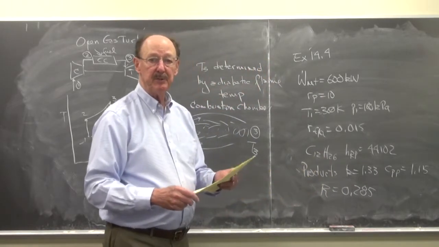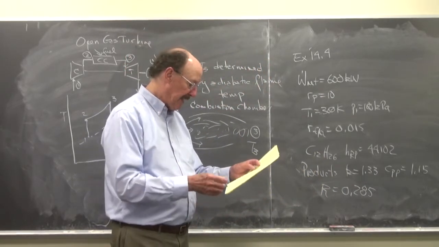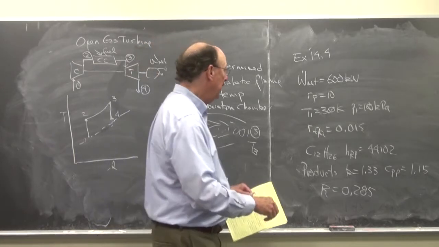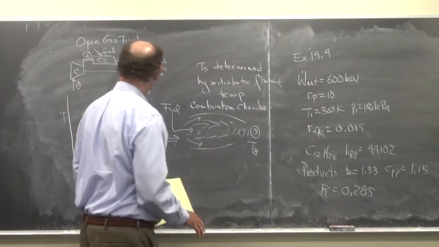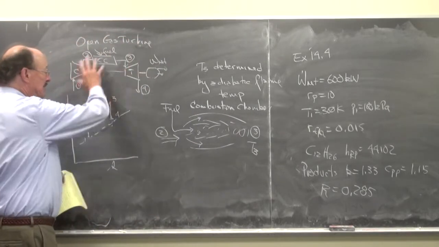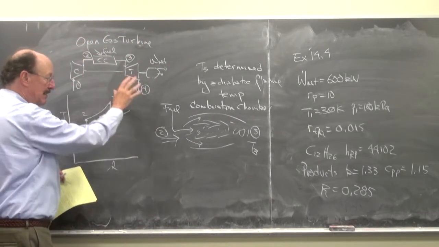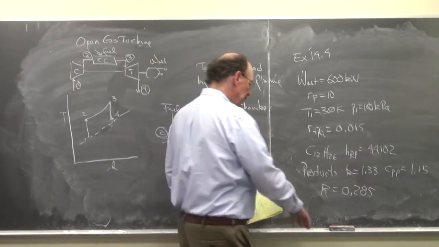And now what we're going to do is go through the cycle analysis and figure that out. And so we have this given information for our gas turbine unit. So this is my diagram, I see what's going on, and now we're going to go through the open system analysis and do this.